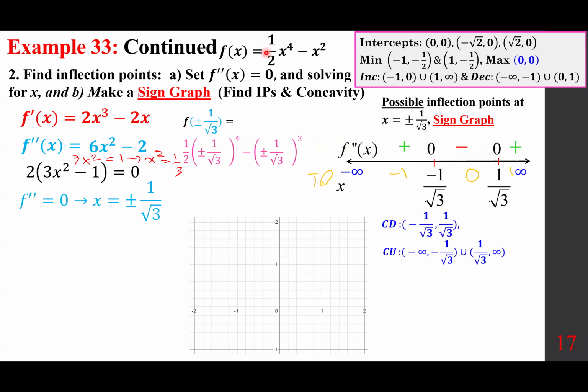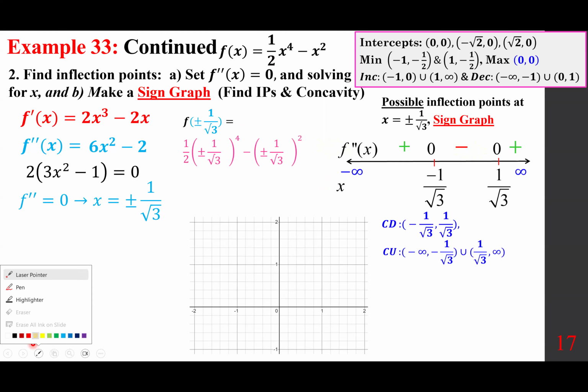We're going to put it back into the original function. Let me erase my work. So we put this back into the original function. 1/2 times plus or minus 1 over square root of 3 to the power of 4 will be the same, minus plus or minus 1 over square root of 3 to the power of 2. I hope you recognize this one as 1/3.